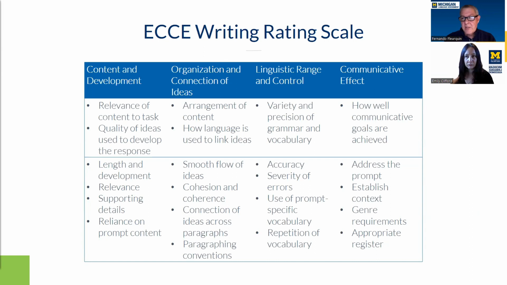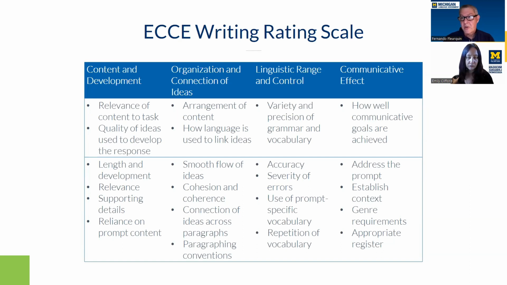The second category is how they organize ideas and how they link those ideas, which is very important in writing. The third category is more about the linguistic range and control. What is their command of the language in terms of grammar, vocabulary, the range of vocabulary that they're using, simple grammar structures, more complex structures used appropriately.